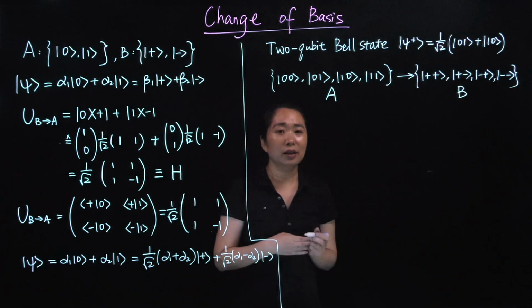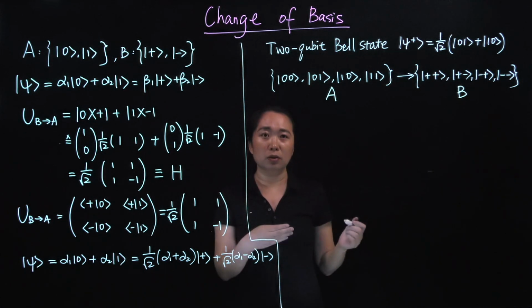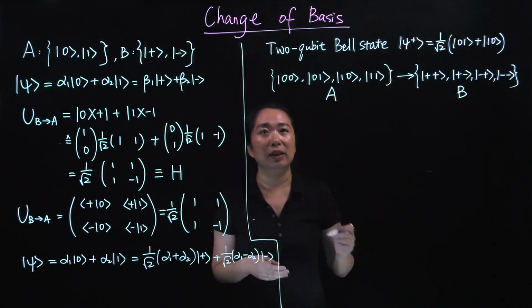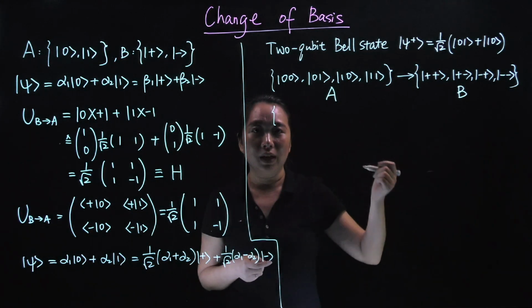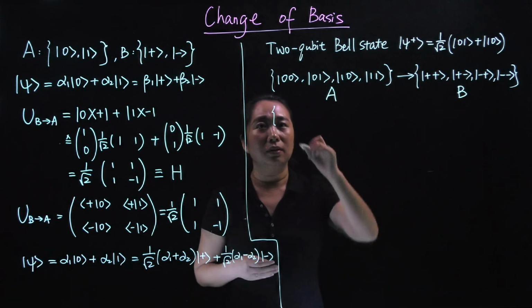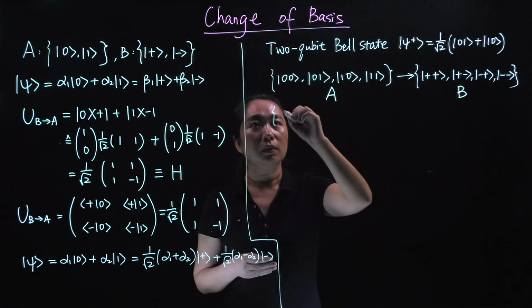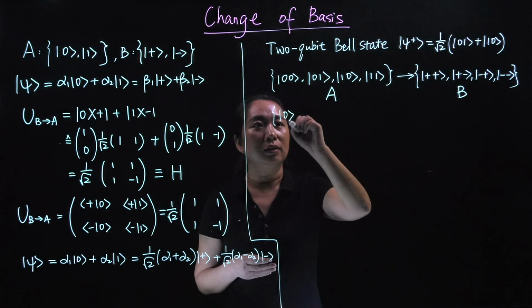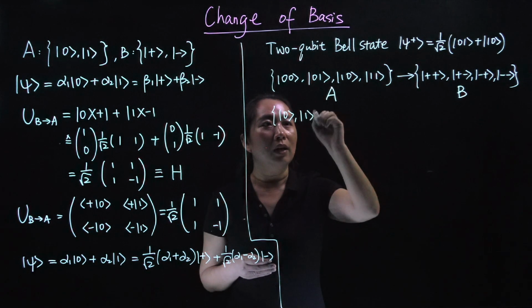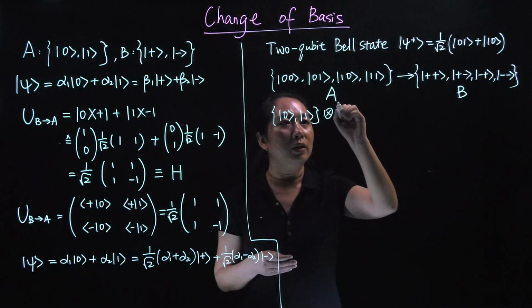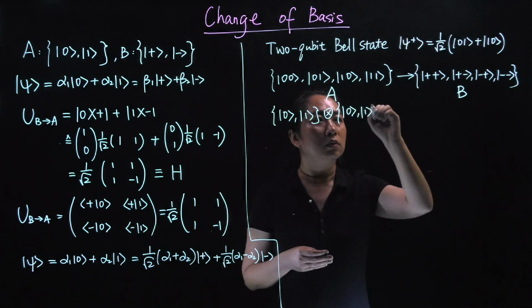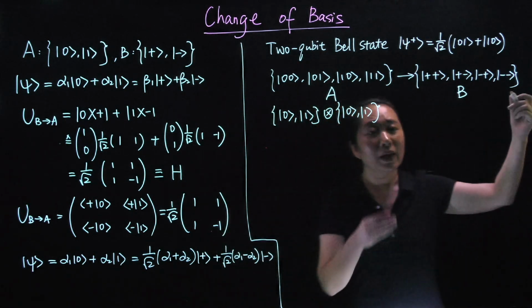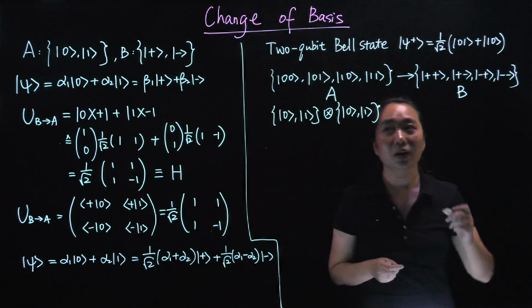So this is now our basis A, and the plus minus basis is our basis B. The first thing that we recognize, which we also used previously, is that this A basis is actually a tensor product of the basis in the subqubits. So this is state 0, 1, tensor with 0 and 1 in the second qubit. And the B basis also has a tensor product structure.